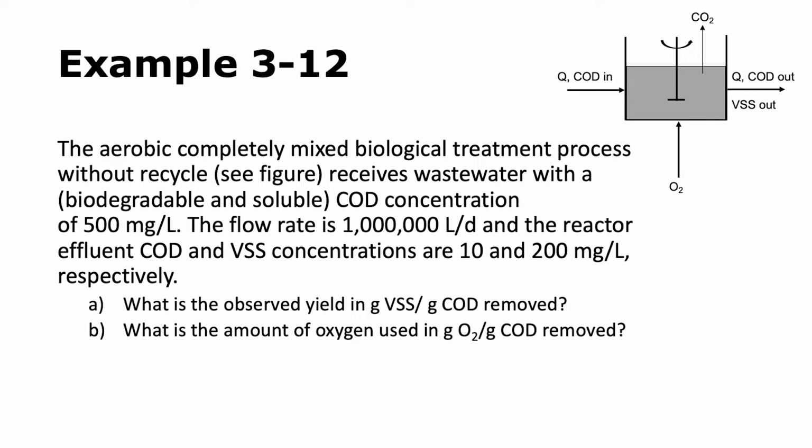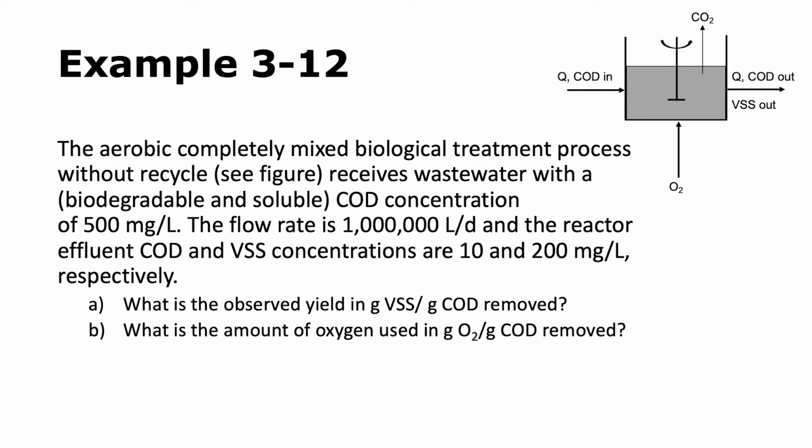We've got some of the COD, which is not degraded, exiting the system. So there's going to be a COD removal between the influent and the effluent. And we've got the production of microbial biomass, volatile suspended solids that are produced inside this reactor, which are leaving the system.